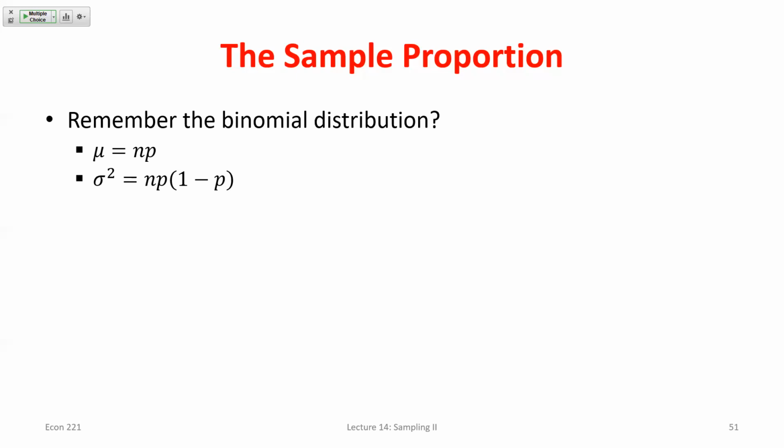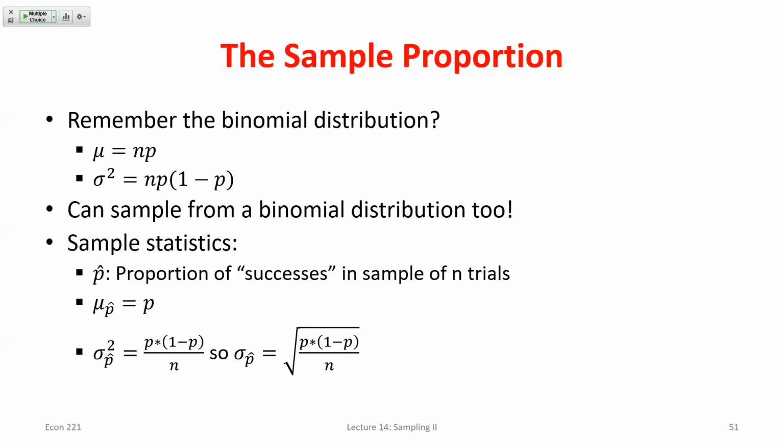And the variance of these proportions follows the same idea. We divide by n, because that represents the variance on the number of successes, and we want the variance on the proportion. So it becomes p times 1 minus p, dividing both of these by n.